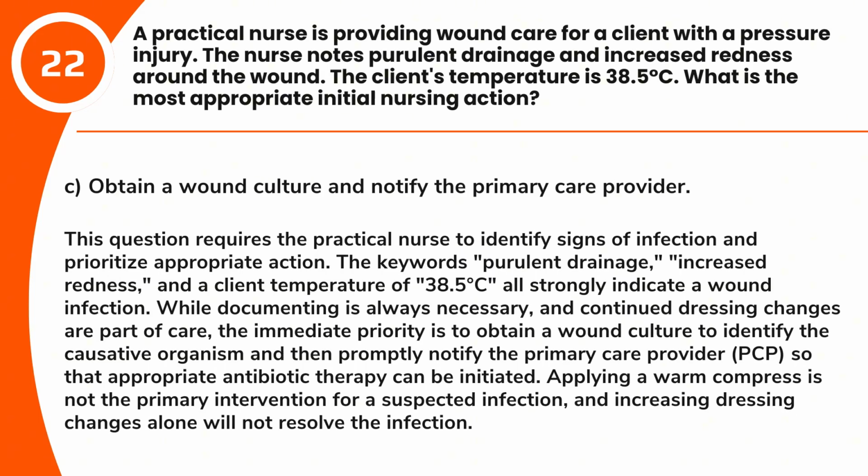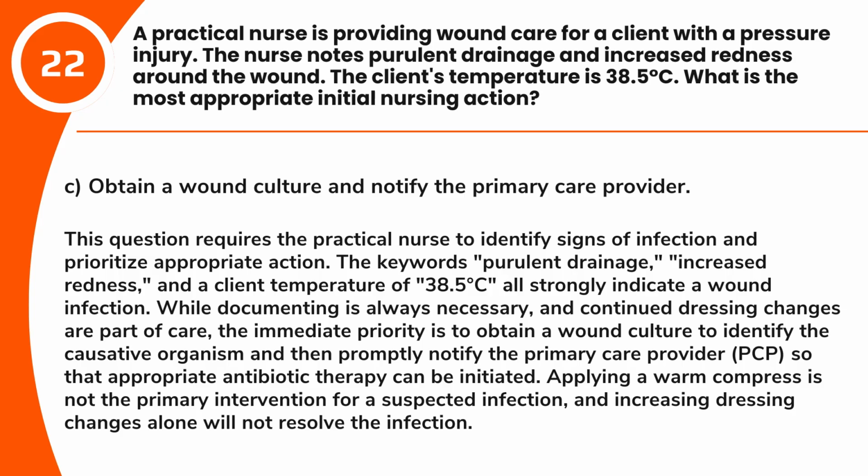Answer: C. Obtain a wound culture and notify the primary care provider. This question requires the practical nurse to identify signs of infection and prioritize appropriate action. The keywords purulent drainage, increased redness, and a client temperature of 38.5 degrees Celsius all strongly indicate a wound infection.